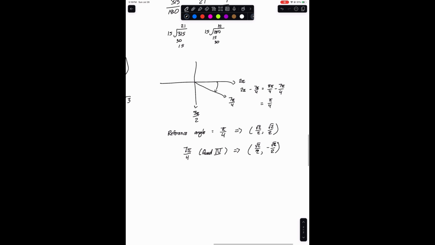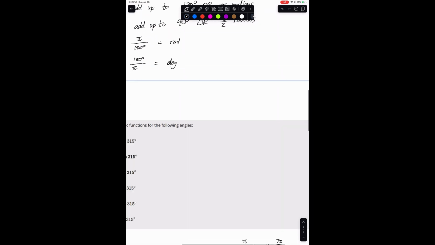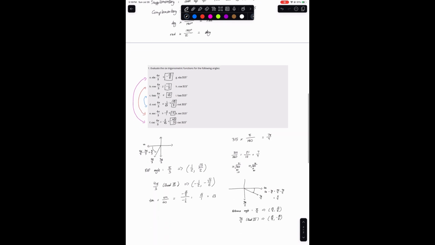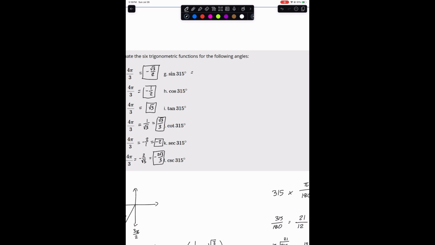So with this in mind, my sine is negative root 2 over 2, and my cosine is positive root 2 over 2.